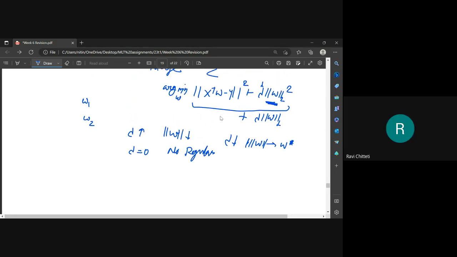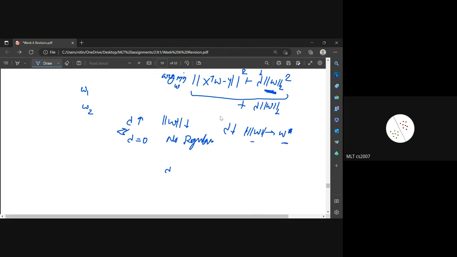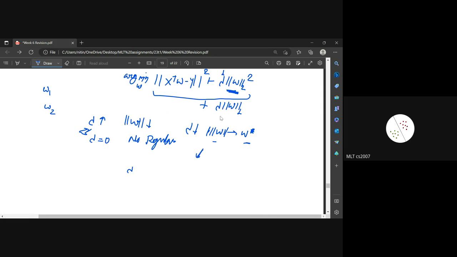But you just mentioned a little earlier that W would try to stay as close to 0 as possible, isn't it? That's where the role of lambda comes into the picture. For lesser values of lambda, W is going to be close to W star. But if you choose higher values of lambda, it will stay closer to zero.